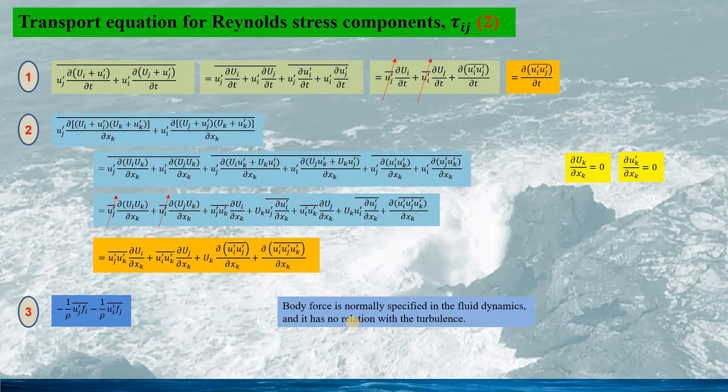Therefore, it is independent of the fluid velocity. As such, we can take the body force out of the averaging operation. So we have the expression as this. Look at the averaging of the single fluctuating velocity. So we have the expression for the third term as 0.